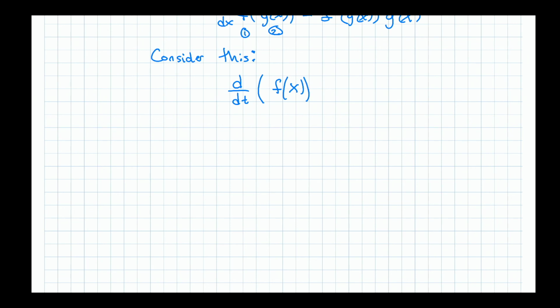Okay, so d/dt of f of x. And so the key here is to notice that the derivative is with respect to one variable, but the variable in the function is actually a different letter, right? So the derivative is with respect to a different variable.